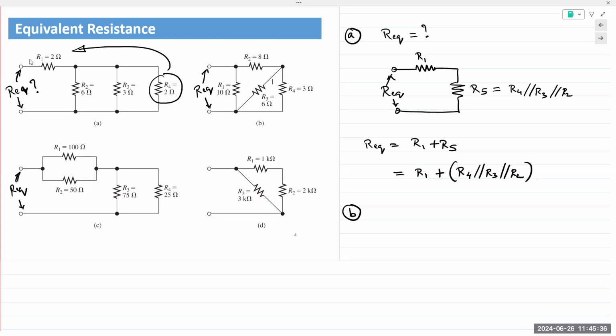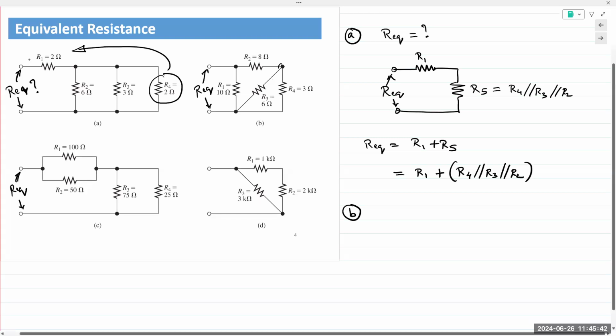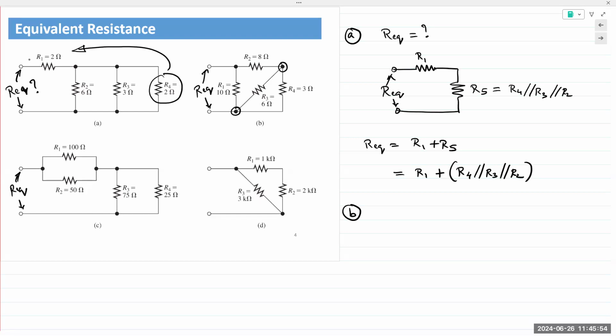How about R3? R3 and R4 are connected at the top at one end. The other end, R3 and R4 are also connected together. So what does it mean for the relationship between R3 and R4? They are in parallel.